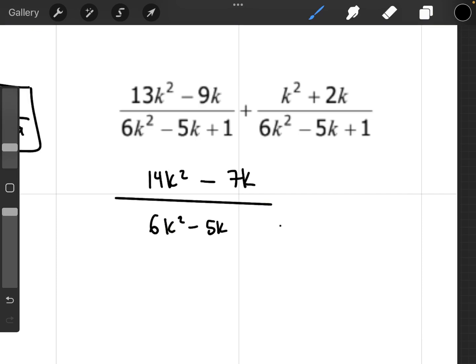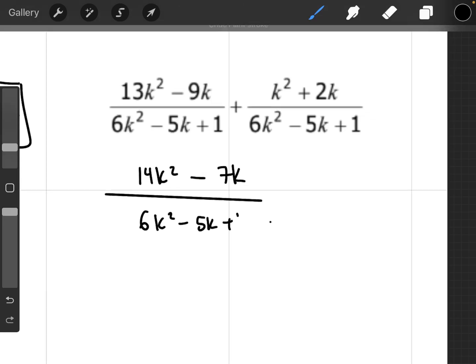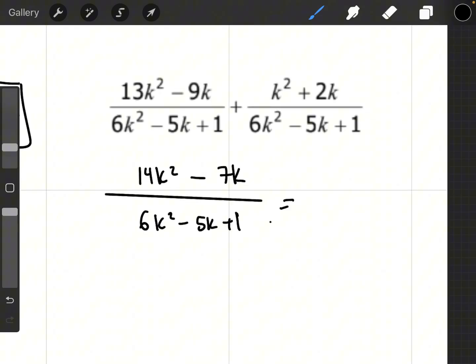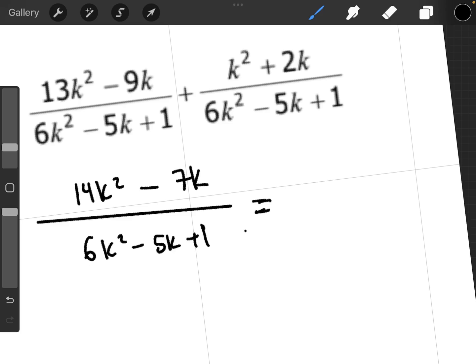We'll write this over 6k squared minus 5k plus 1. Then we can factor out a 7k from the numerator. So 7k, when we factor this out, we're left with 2k minus 1.